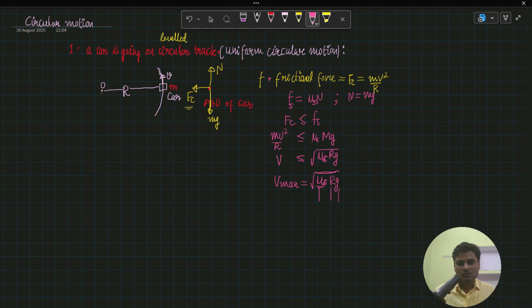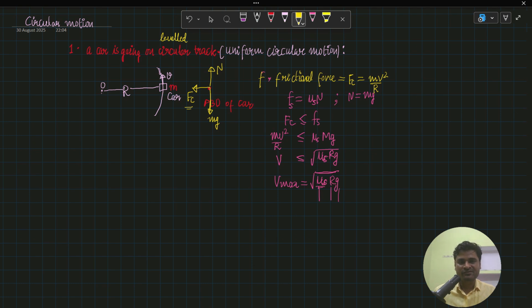So that's why the maximum velocity for any circular track becomes fixed. This is the maximum velocity that can be attained by any vehicle. I mean, it can differ for different vehicles depending on the value of mu s.